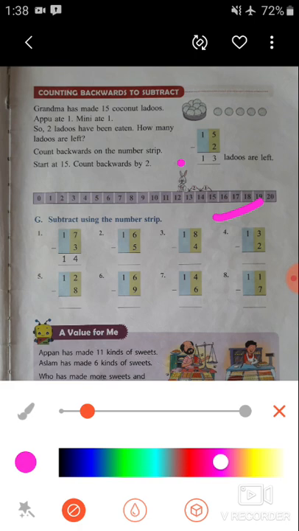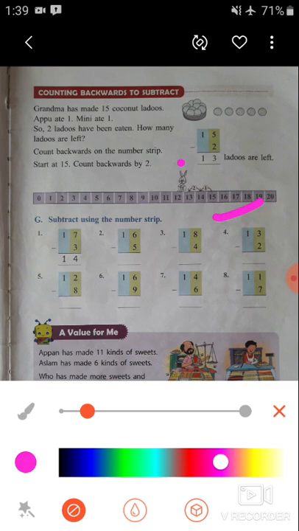Then look at the first number, the biggest number. In subtraction, students, you have to write the biggest number in front and the smallest number after. While in addition, you can write any number in front, but in subtraction that is not possible.